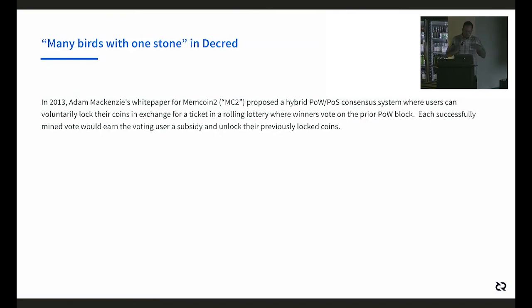That is, with every proof of stake component that went into the blockchain, there was a vote attached to it. On top of that, the votes had additional utility beyond just saying yes or no on a given issue. These votes have up to 75 bytes of space where users can vote on other things besides, say, the validity of the last block, which I'll get to in a minute. And the way you end up getting these tickets is you lock your coins to do a proof of sacrifice.